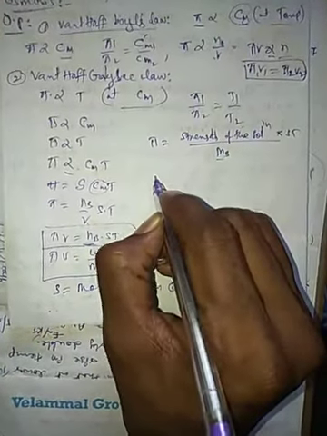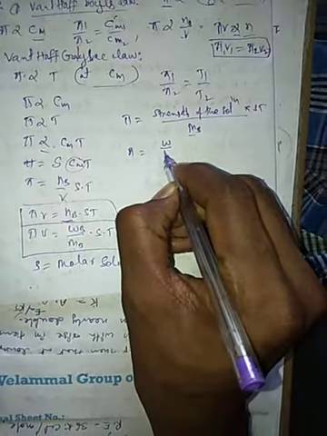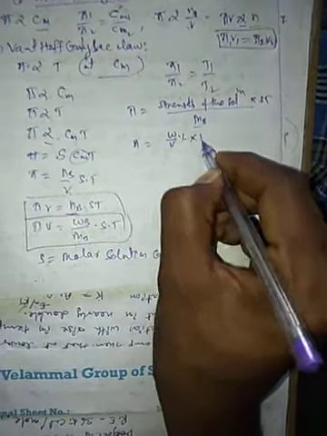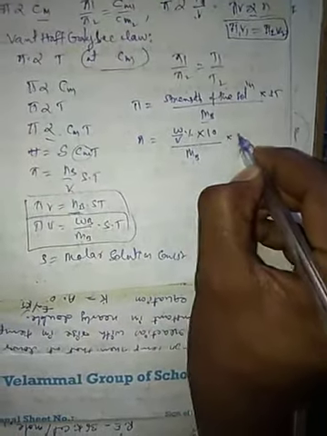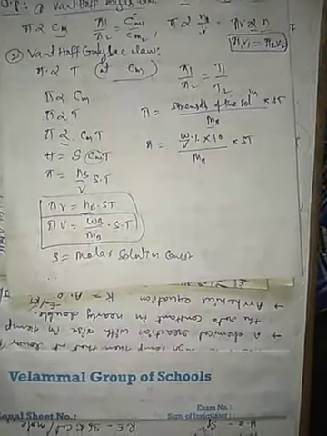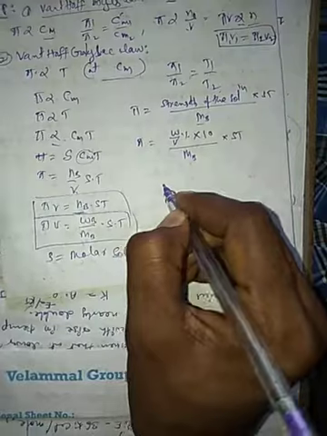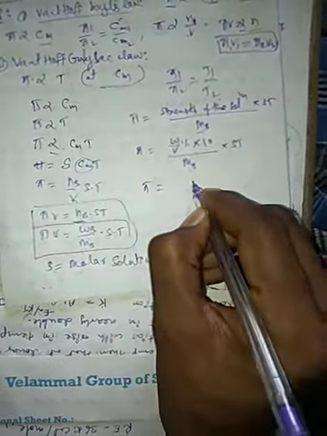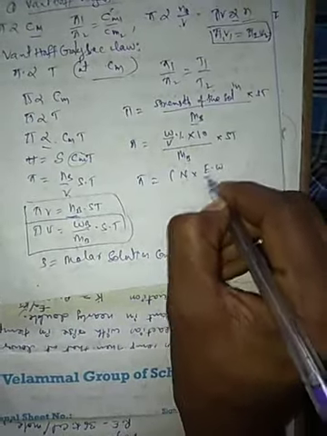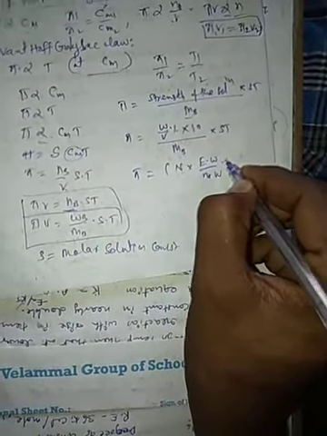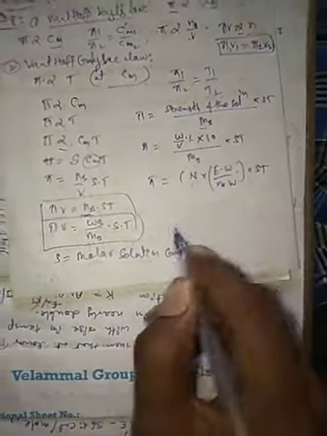And pi is equal to one more formula: weight by volume percentage into 10 by Mb into ST, where S and T are constants. Next, one more formula we can use: pi is equal to N into equivalent weight by molecular weight into ST. This is also one formula.